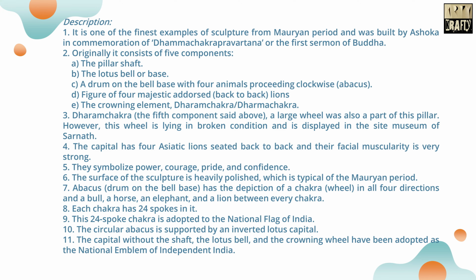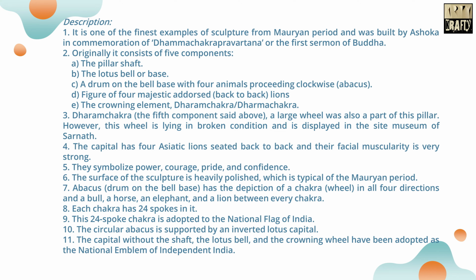Dharmachakra, the 5th component, a large wheel, was also a part of this pillar. However, this wheel is lying in broken condition and is displayed in the site museum of Sarnath.